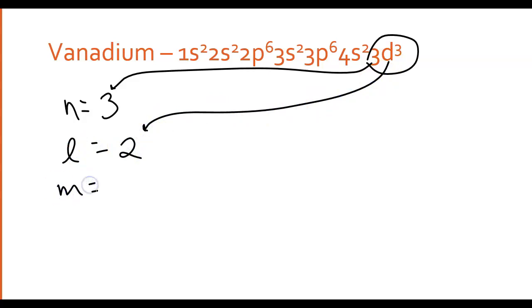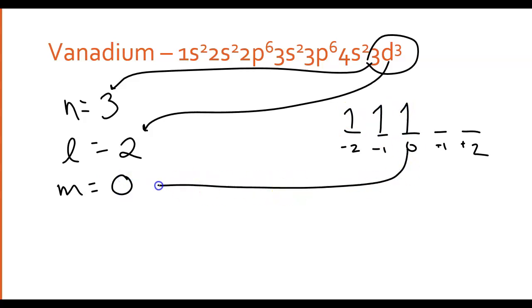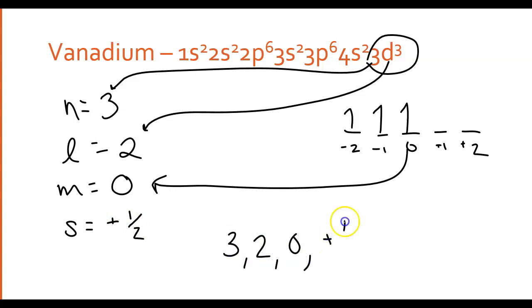For our magnetic, we have D, which will be -2, -1, 0, +1, +2, and we have 3 electrons, so 1, 2, 3. So our magnetic quantum number would be 0. And then our spin would be, there's only 1 electron in there, and so it would be +0.5. So our quantum numbers for this would be 3, 2, 0, and +0.5.